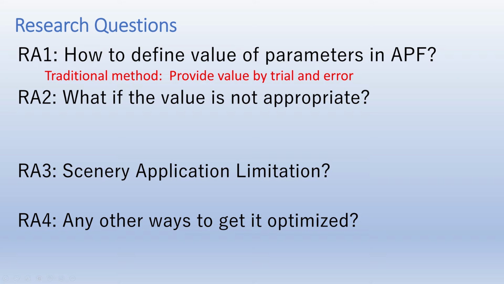The second question is what if the values that we have set for the parameters are not appropriate for the whole map? For one thing, it can cause the local minima situation, which we have learned in the course motion planning, and it is also possible that we cannot find a path.